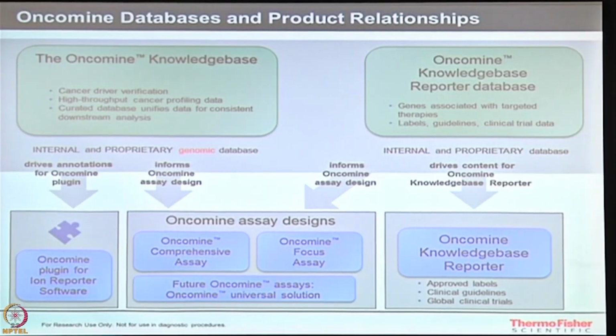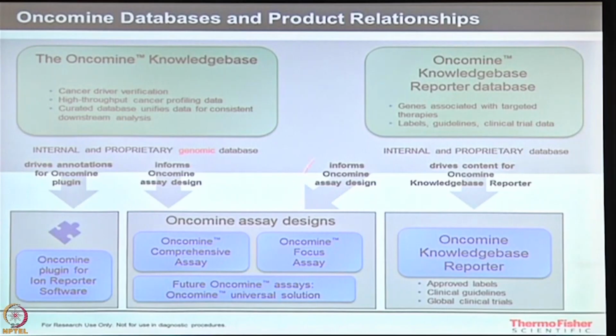Okay. So you have certain databases, you have certain cancer drivers that are available, which are verified and studied by the researchers over here. So the same database we have generated over here, called the Oncomine Knowledge Base Reporter database. This has all the curated, studied information about genes, the targeted therapies or the drugs that are utilized for treating cancer.